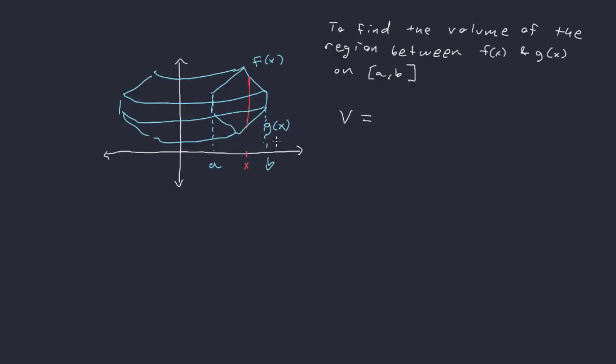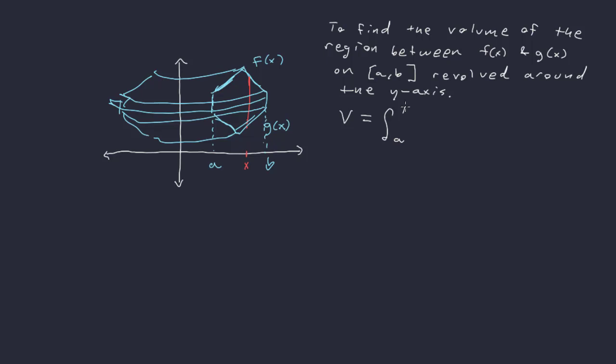Okay, so more generally, if I have a top function and a bottom function and I want to revolve it around the y-axis, so to find the volume of the region between f of x and g of x on the interval a to b revolved around the y-axis, it's this integral here.